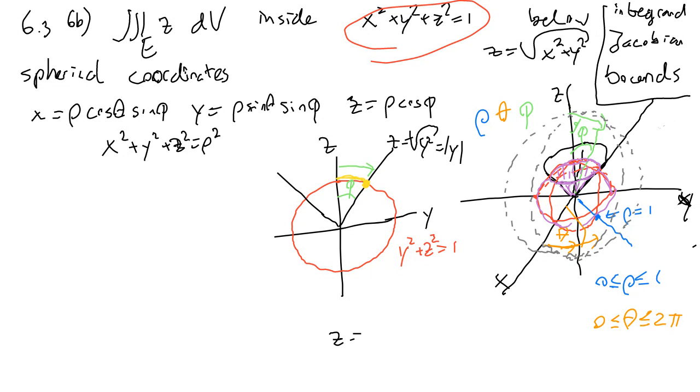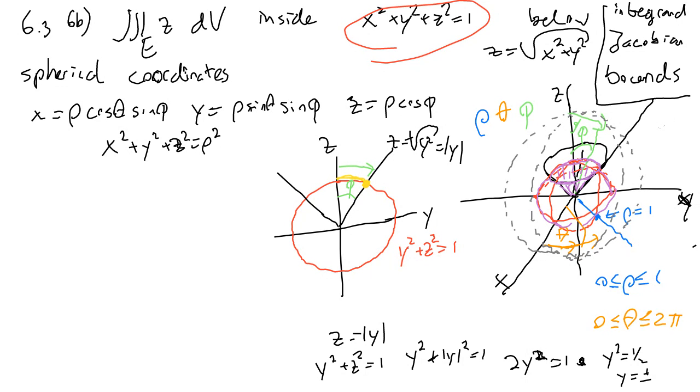Well, then we have that z is the absolute value of y, and we have that y squared plus z squared equals 1. So in other words, we have y squared plus the absolute value of y squared is 1. Of course, the absolute value of y squared is the same as y squared, so 2y squared is 1. So we have y squared is a half. So y is plus or minus the root of a half.